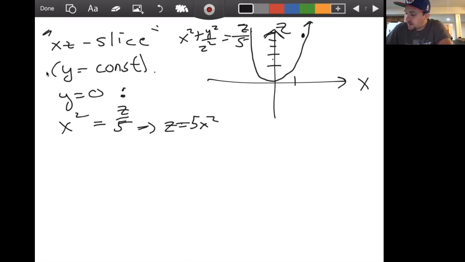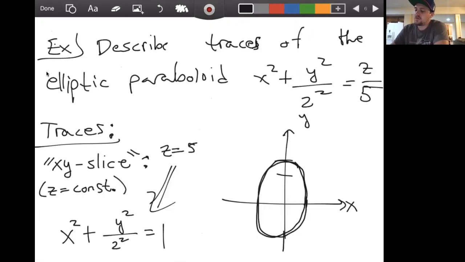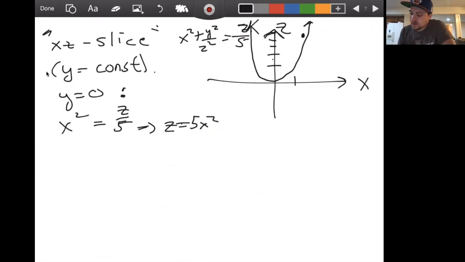And we have the parabola z equals 5x squared. So if you look at a slice in the xz plane, we get a parabola. So that's interesting, because now we need to think about this geometrically. We have an ellipse in the xy plane, but then we have a parabola in the xz plane. And so we have 2/3 of the picture here. Let's put the rest together.